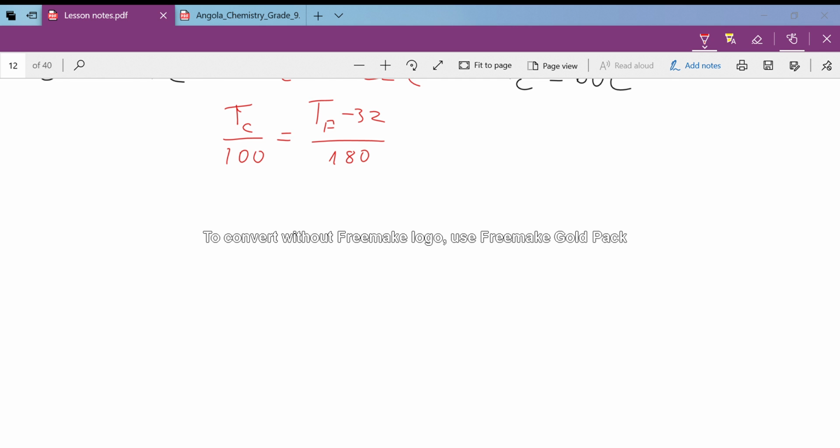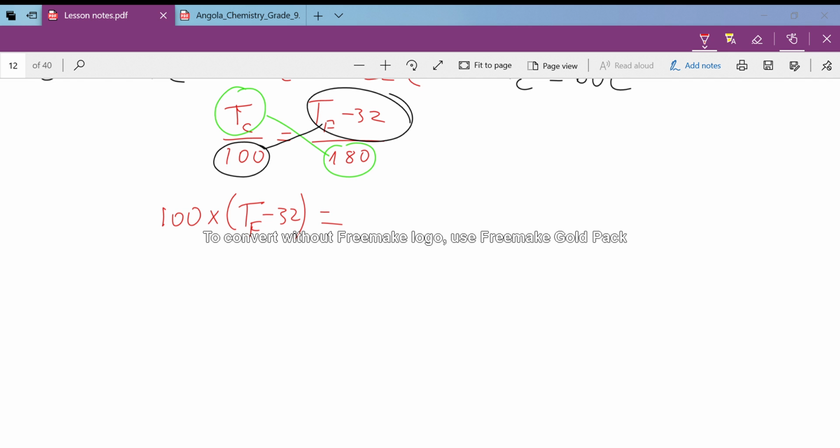There are many ways of doing that. Let's just use the cross multiplication. Cross multiplication. In this case, we will have 100 times Tf minus 32 equal to Tc times 180.